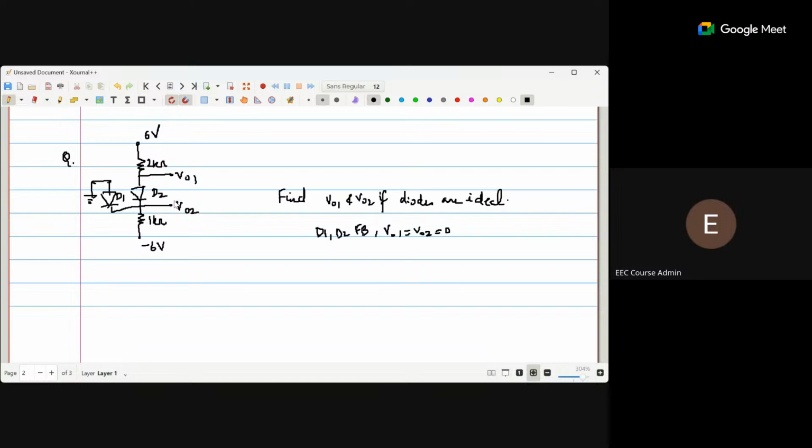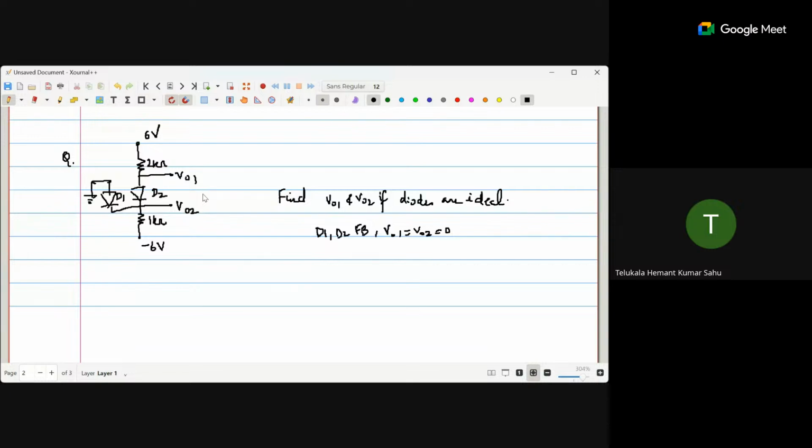Okay, minus 2. D1 is forward biased. What about D2? Ma'am, 6 volt and minus 6 volt is there. So the difference of voltage will be 6 minus minus 6, that means 12 volt, ma'am. Correct. So total resistance in that path will be 3 kilo ohms. So the voltage across 1 kilo ohm will be 4 volt, and across 2 kilo ohm will be 8 volt.